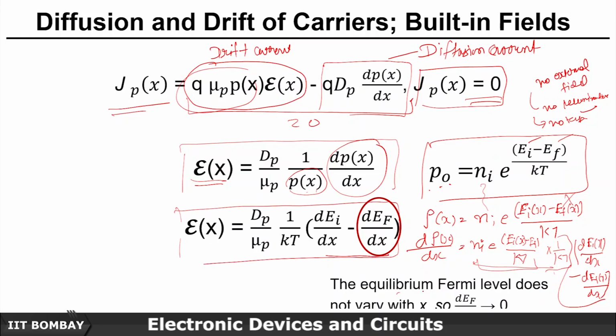And as I said, in thermal equilibrium the Fermi energy level doesn't vary with x, so this will become 0. But yes, in the thermal equilibrium case, the intrinsic energy level can vary. The conduction energy level can vary, the valence energy band can vary. So the expression for the electric field comes out to be this.